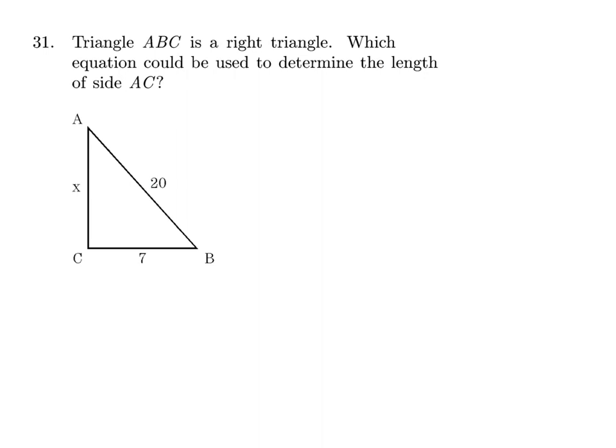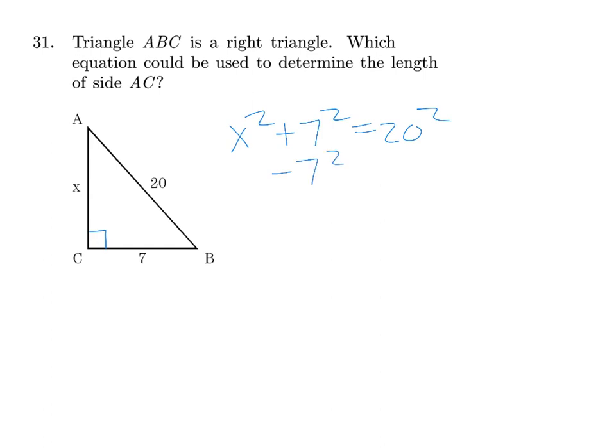All right, triangle ABC is a right triangle. Which equation could be used to determine the length of side AC? We could just do this. Could do x squared plus 7 squared equals 20 squared.